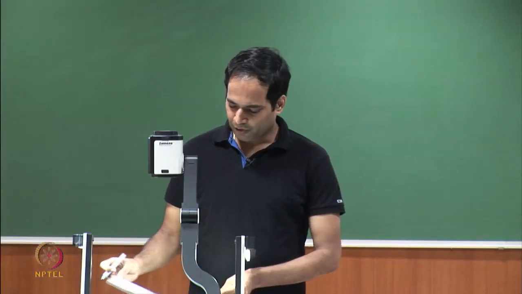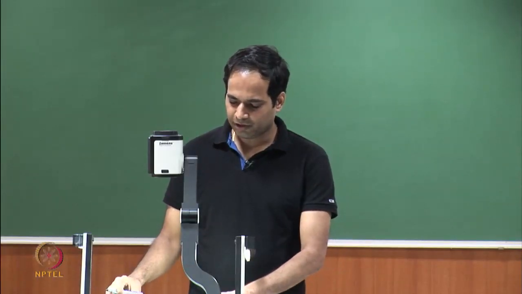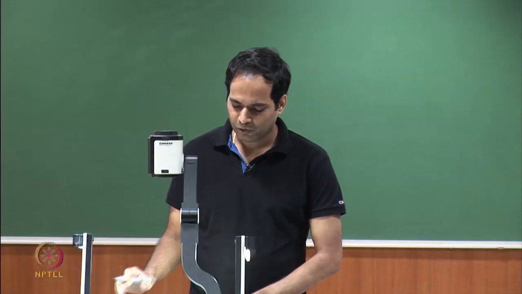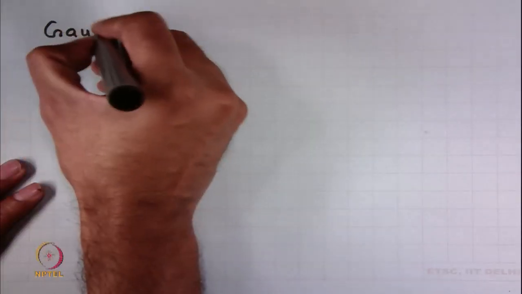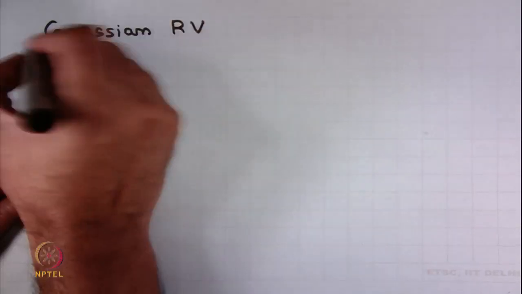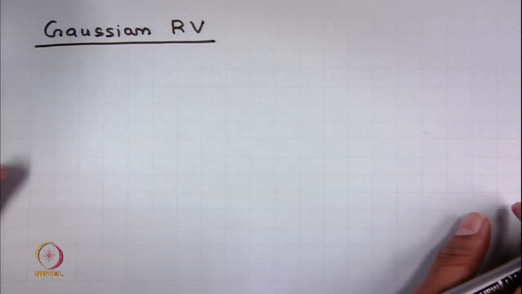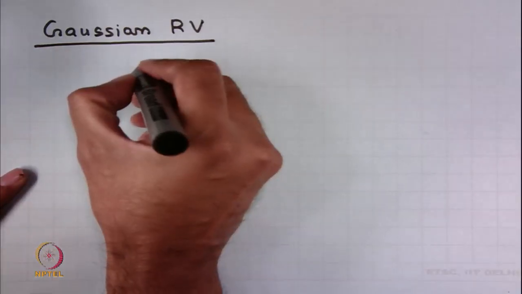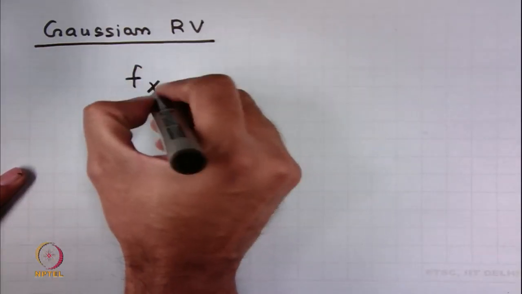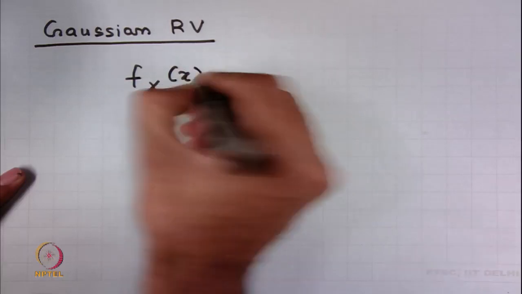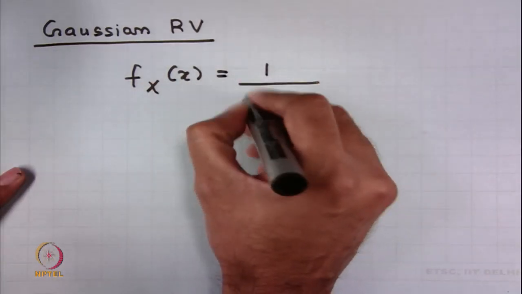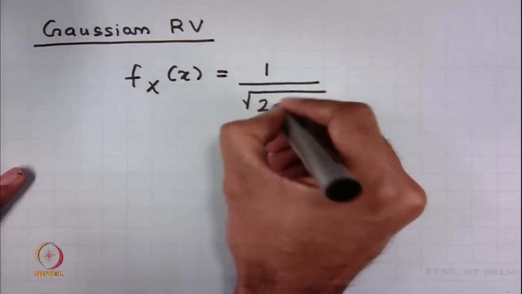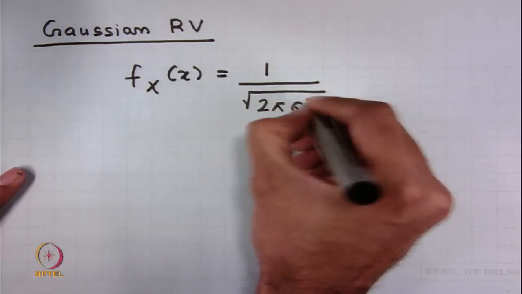Let us now talk about another important random variable, which is Gaussian random variable. So, Gaussian random variable is a random variable which have a probability density function of this form.